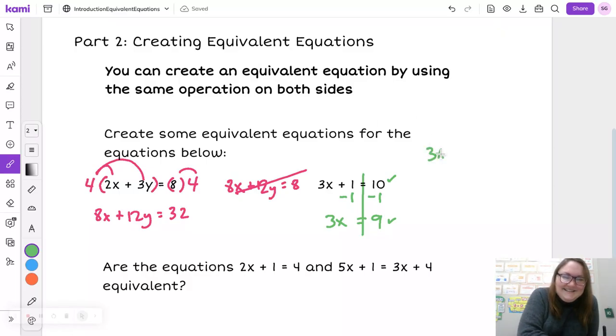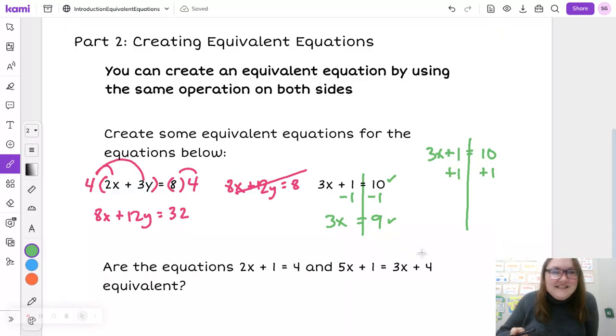You could, instead of subtracting 1 on both sides, add 1 on both sides. I know that doesn't help us solve the equation, but the theme of today's lesson isn't solving equations, it's just making equivalent equations. So for example, 3x plus 2 equals 11 would be equivalent to 3x plus 1 equals 10.